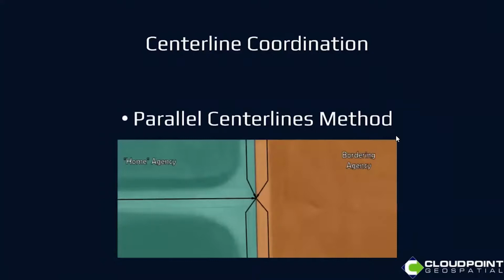You can see here that we have the road centerlines running parallel and within the PSAP boundaries of each agency. This allows the home agency to maintain their road center line as they would like to.